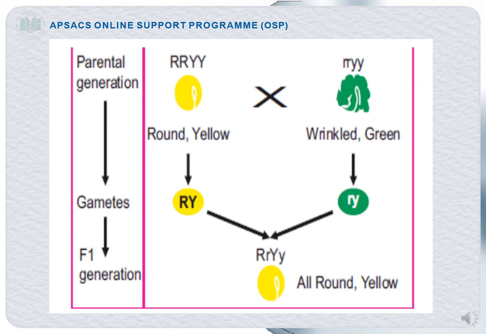Why round and yellow? Because round is dominant and yellow is also dominant over the green. So the F1 generation consists of all round and yellow color seeds.